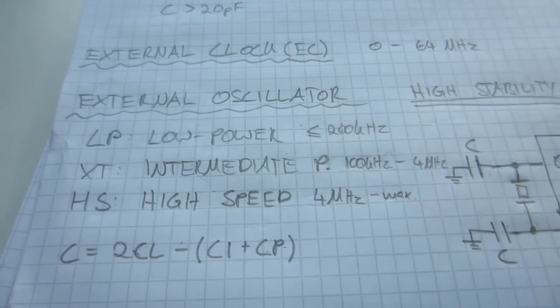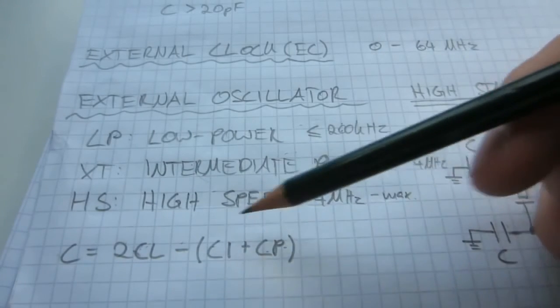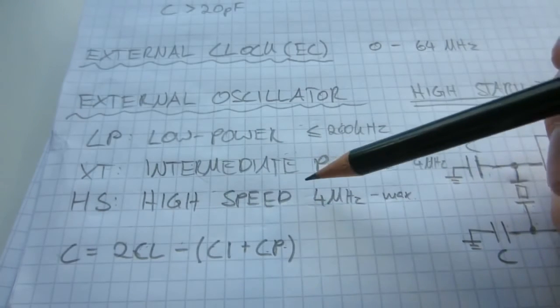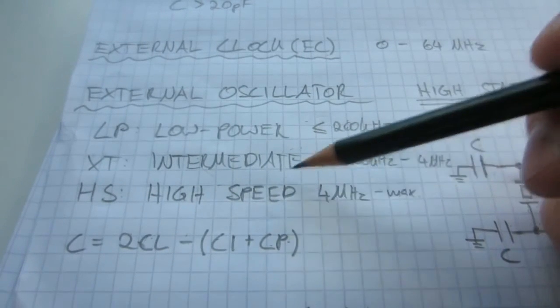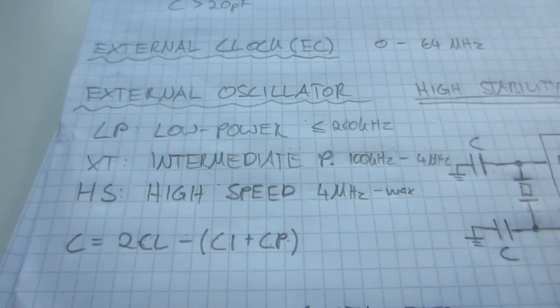But if you're really concerned that the frequency is accurate, then you would take these two capacitances into account. And you might probably want to use a crystal oscillator or even an oven-controlled oscillator that has much higher stability than just a simple quartz.